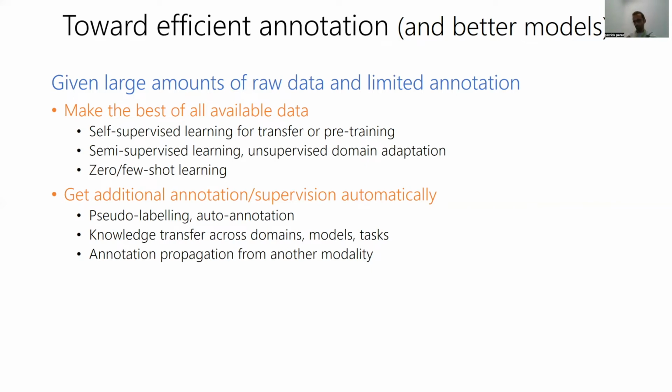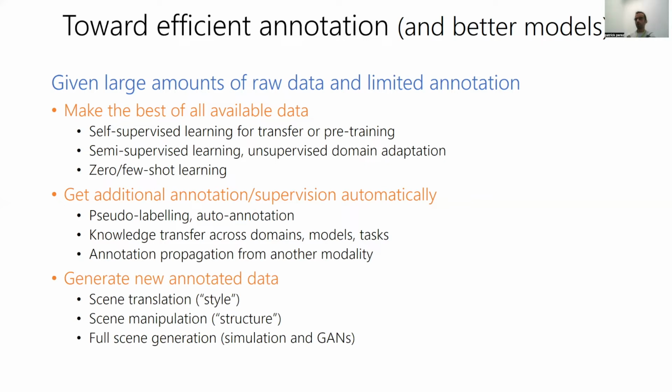Okay, thanks. And last one, you can aim at generating new data, including the raw part of the data. This comes in different guises. One is to take real annotated data and change, say, the domain. You go from day to night. In a sense, it's a form of style transfer.